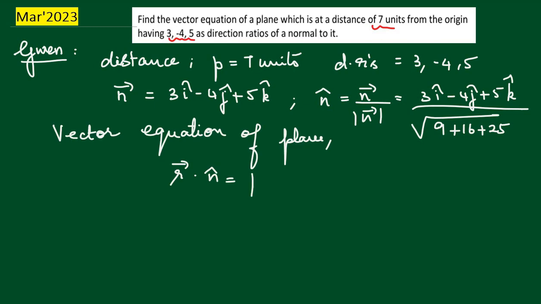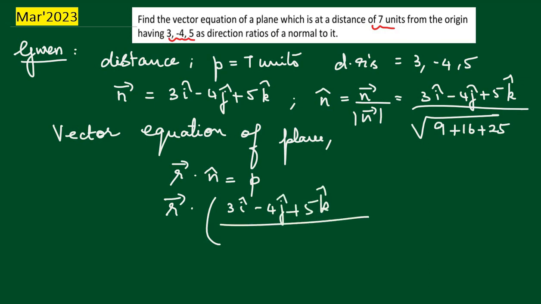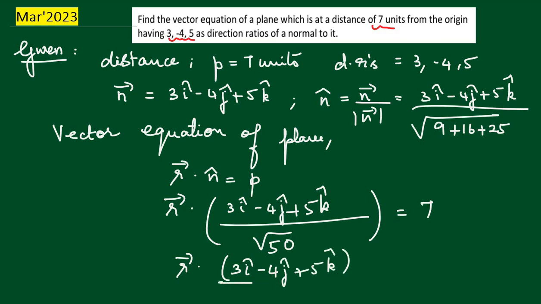Now r vector dot n cap is equal to p, that is r vector dot (3i minus 4j plus 5k) divided by its modulus, which is root of 50, is equal to the distance 7. Now this is r vector dot (3i minus 4j plus 5k) divided by root of 50, which is 5 root 2, is equal to 7.